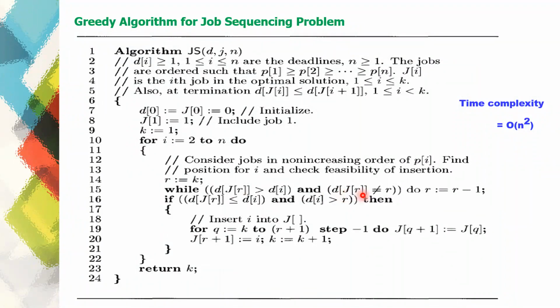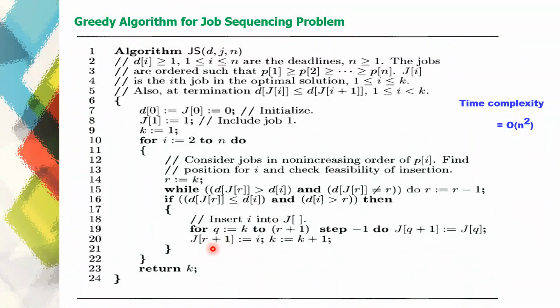You might not have an empty slot. So that will be decided. Your ith job can be inserted at a position which is R plus 1. So you'll have this loop repeated and some value you'll have with R. And you can insert ith job into the solution at position R plus 1.